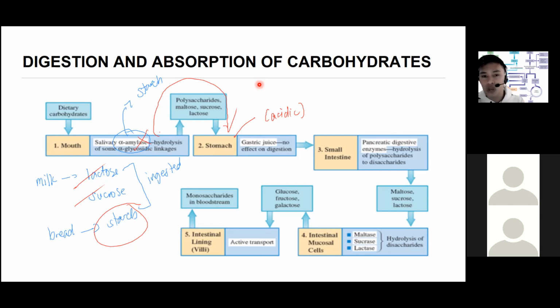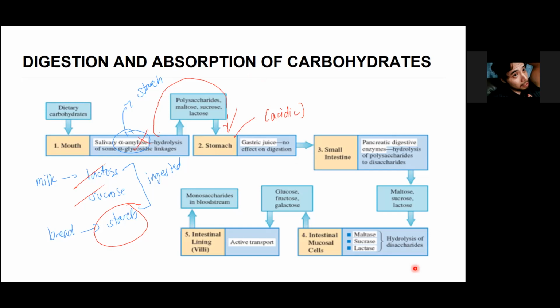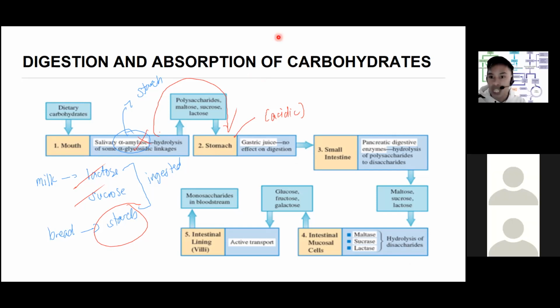That is why if you eat a lot of carbohydrates, you feel full for a long time. Why? Because upon reaching the stomach, it is not digested. So after staying a long time in the stomach, it will then proceed to the small intestine.